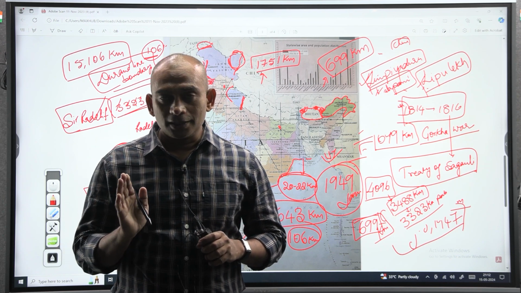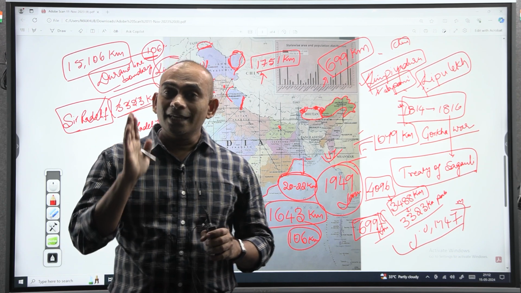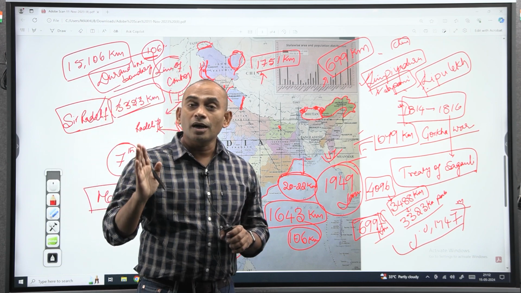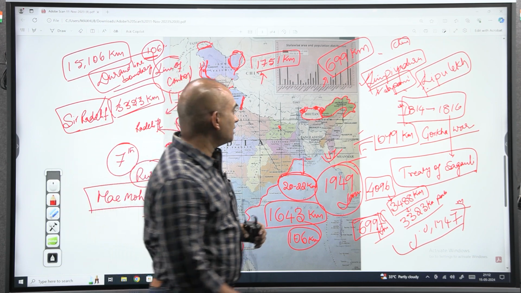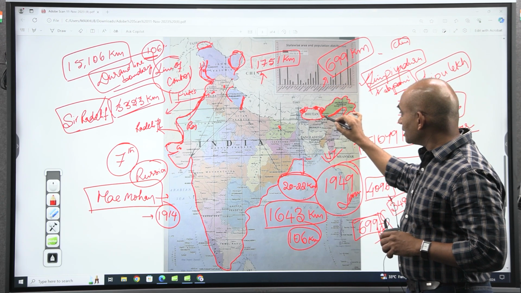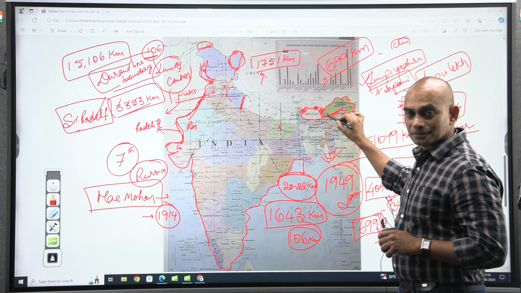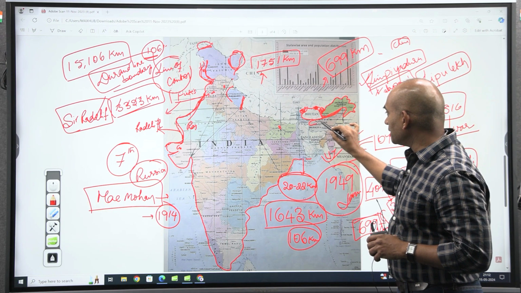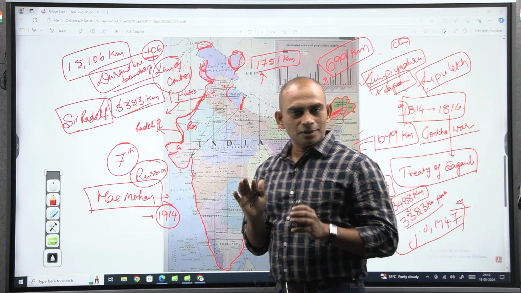If it is not recognizing the McMahon line, that means it is claiming the entire Himalayan foothills. The Himalayas are present till this region, and this is the entire plain area.